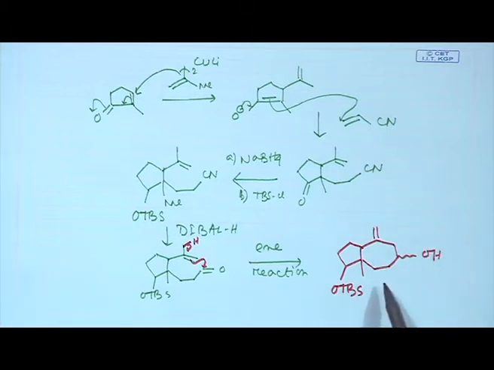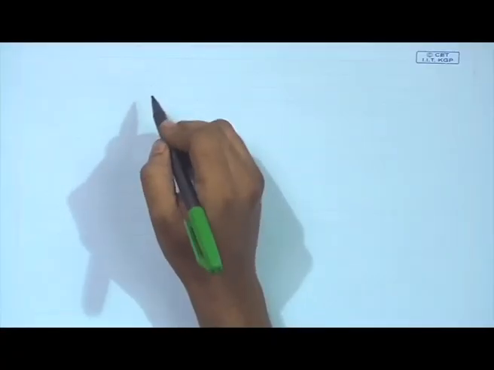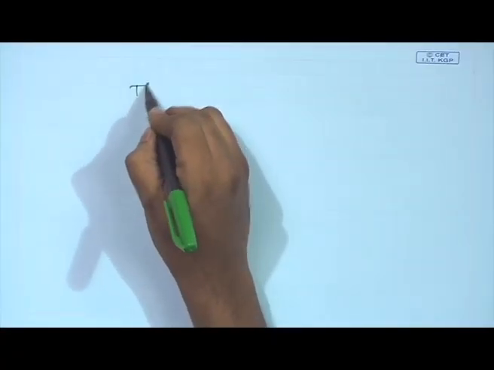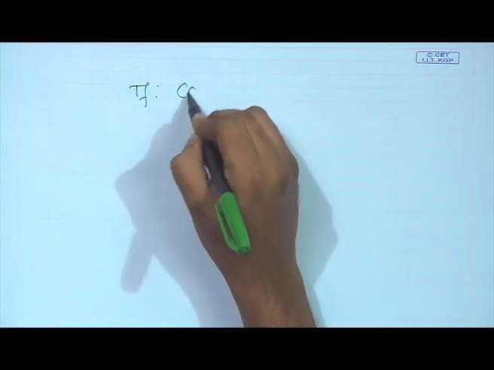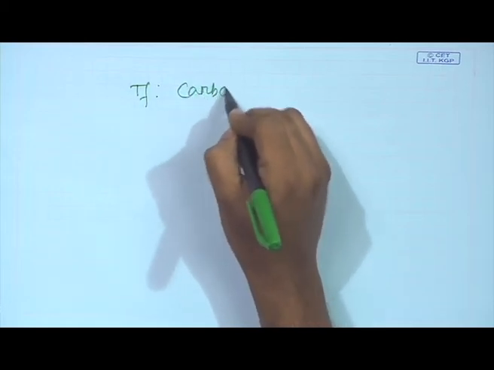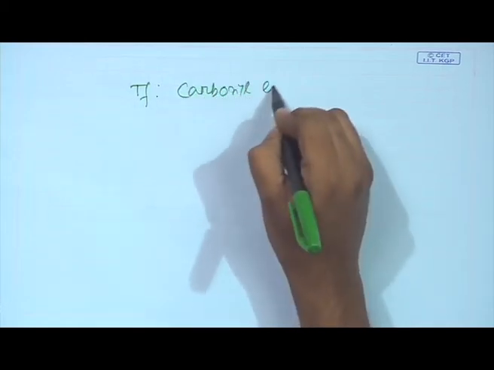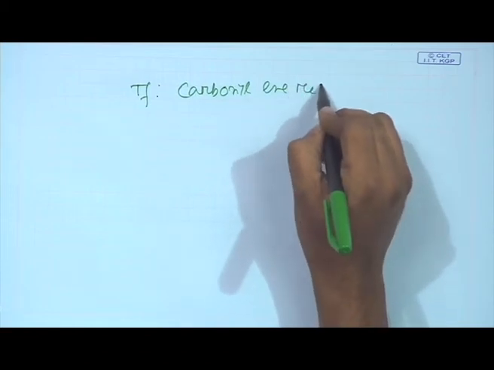Now, see, this is your target molecule. So, a complex structure, we are simplifying it by using a series of reactions. The key transformation we use here is basically a carbonyl ene reaction.